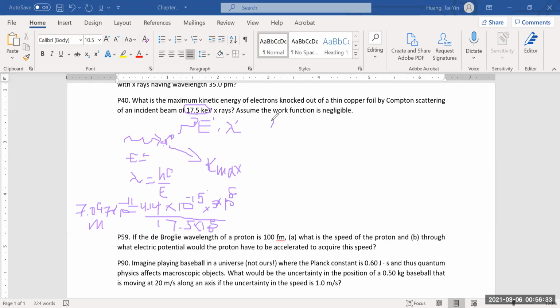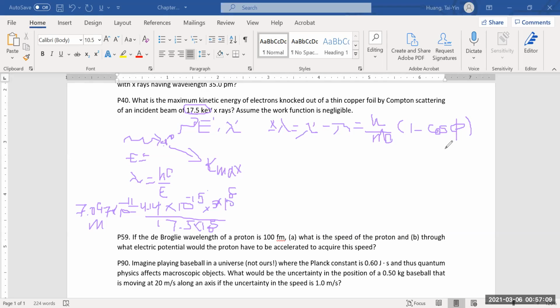The Compton shift is defined as delta lambda, which is the outgoing wavelength minus the incoming wavelength, and that's also equal to h over mc, times 1 minus cosine phi.